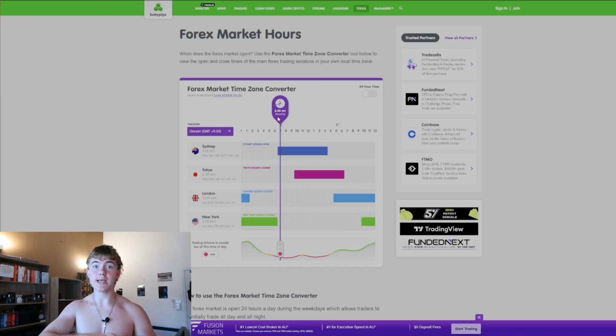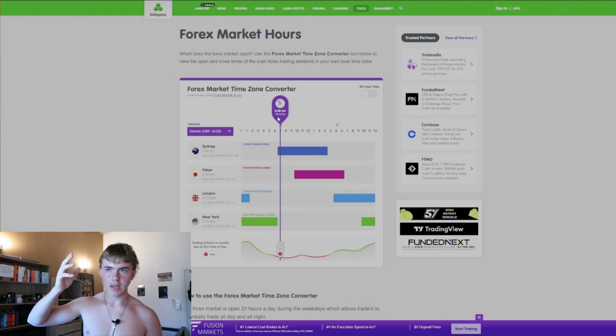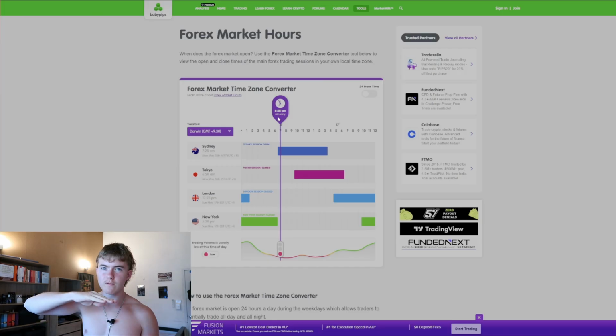That's going to create liquidity, which is basically resting orders for you guys to trade, and it's going to cause more volume. And when it's low volume, you don't want to be trading it, because if you're in a long position and it's just consolidating, that's not good. But if you're trading London session and there's more volume, it's more likely for your take profit to get hit.